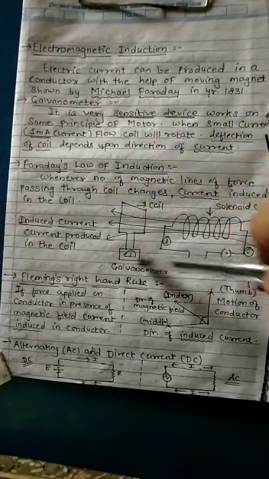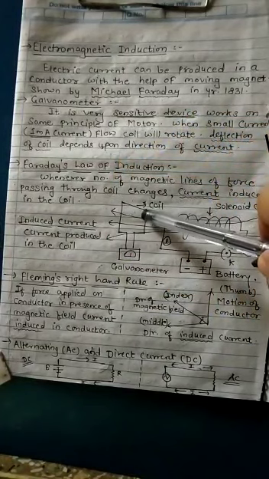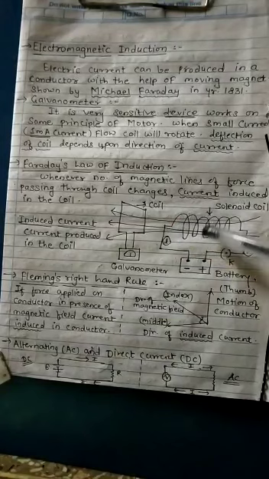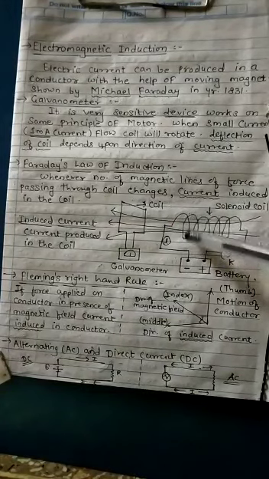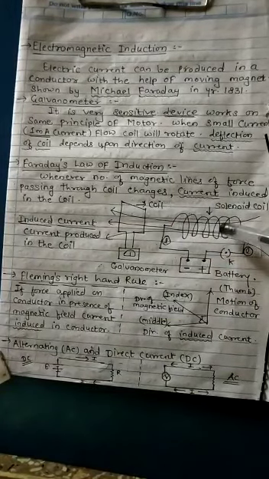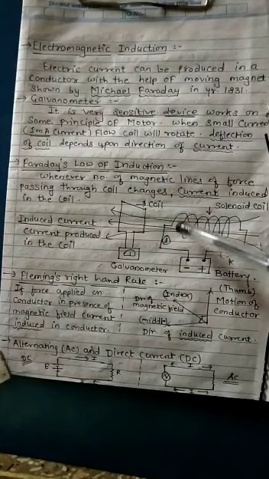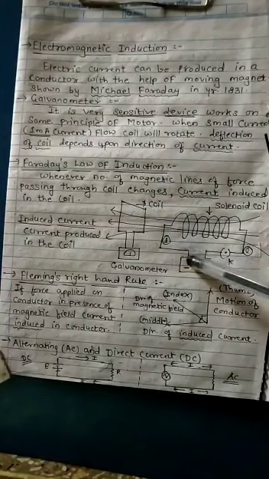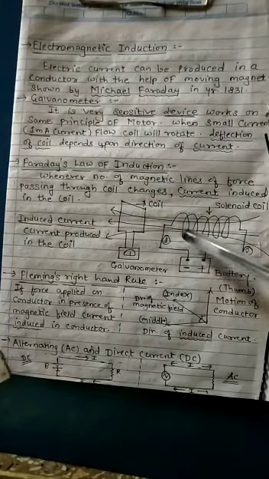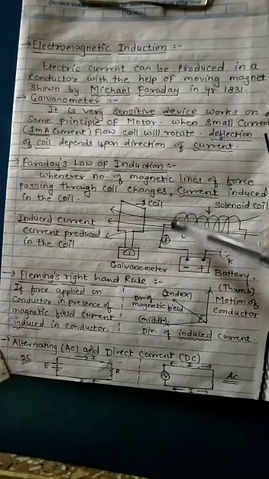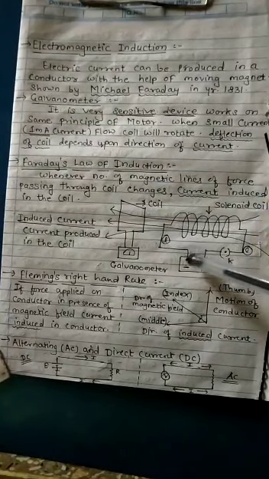Let's see in the diagram. This is your coil, then this is another coil, a solenoid coil. Solenoid coil means a spring-like coil. L is the length of your wire, meaning how lengthy a wire you have to take here.